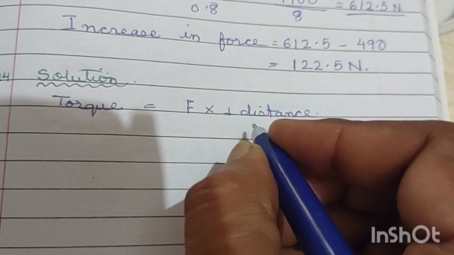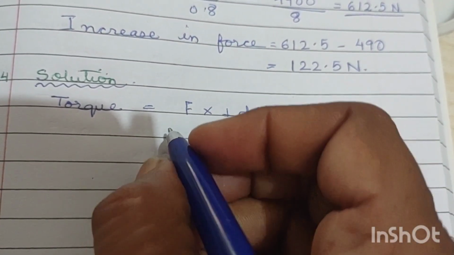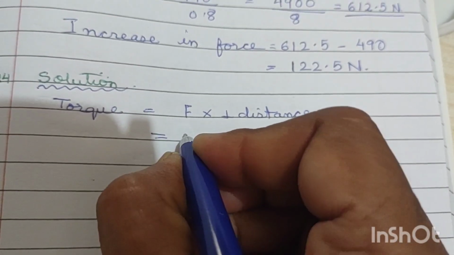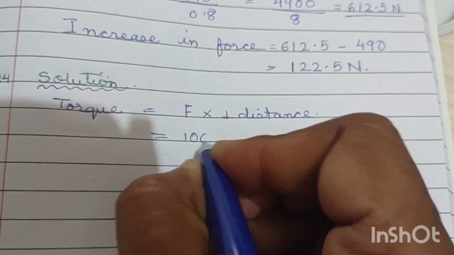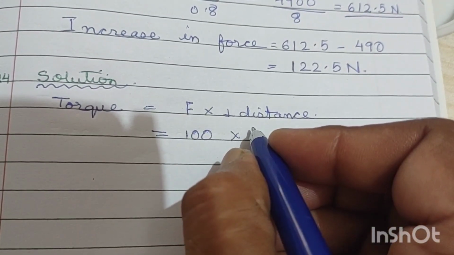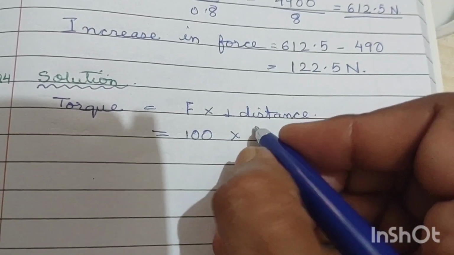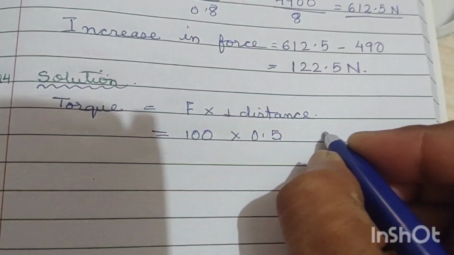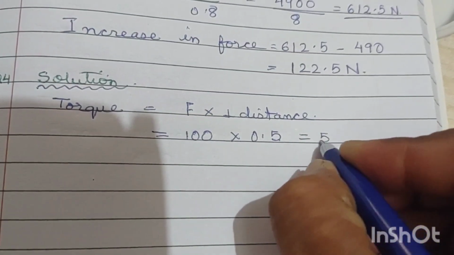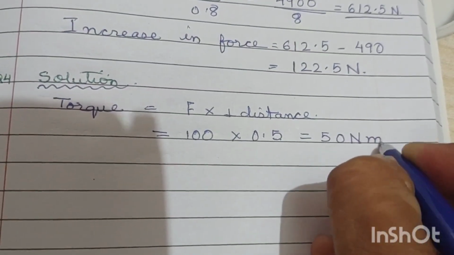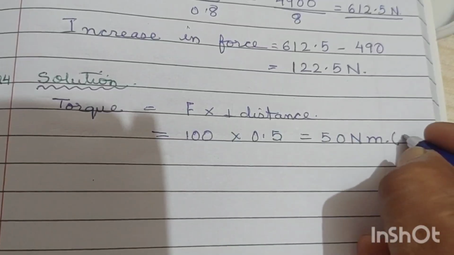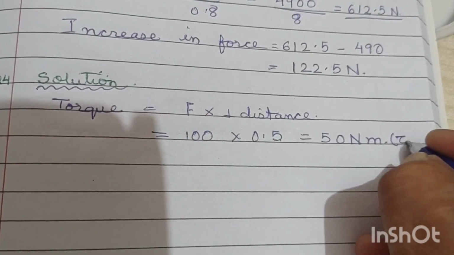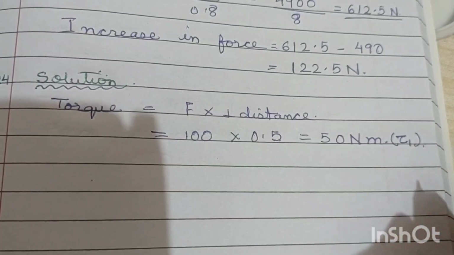So here in the original case force is 100 Newton and point of application of force is 0.5 meter, which comes out to be 50 Newton meter. This is in the original case. We can represent it as tau 1.